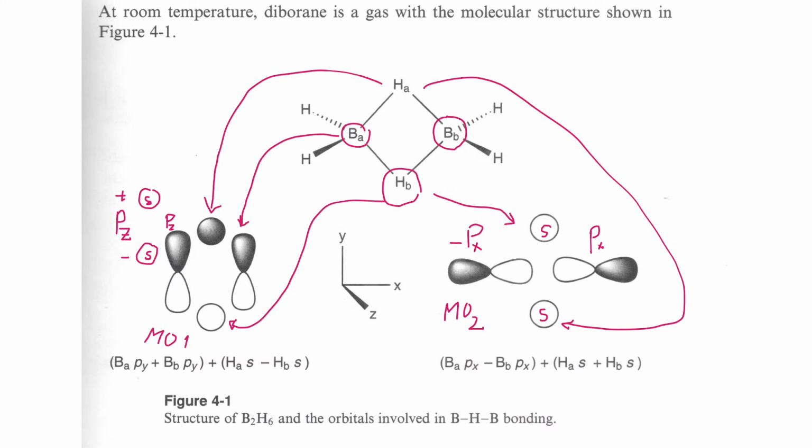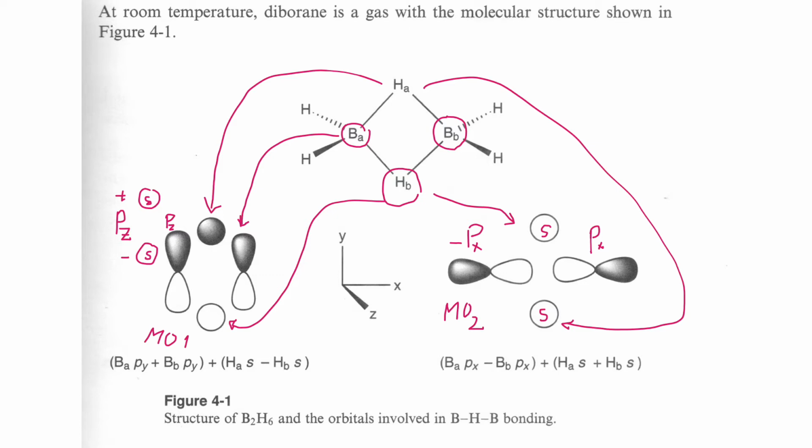This is the structure of B2H6, and it shows the two molecular orbitals formed by the pz orbitals of the boron and the s orbitals of the hydrogen.